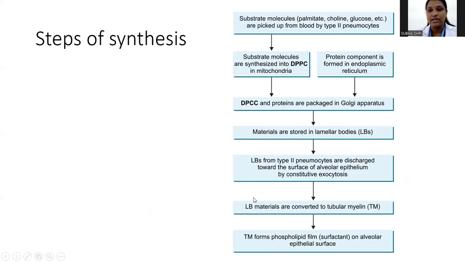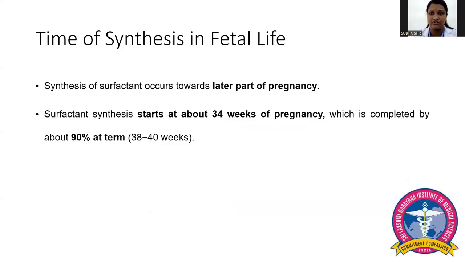These lamellar bodies in the alveolar lumen will get converted into tubular myelin. This tubular myelin forms a thin layer on the inner surface of the alveoli, which acts as the surfactant to reduce the surface tension. So these are the steps of synthesis of surfactant.